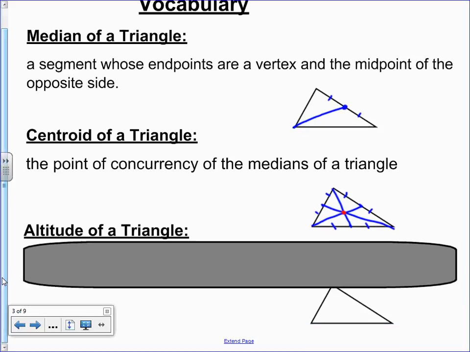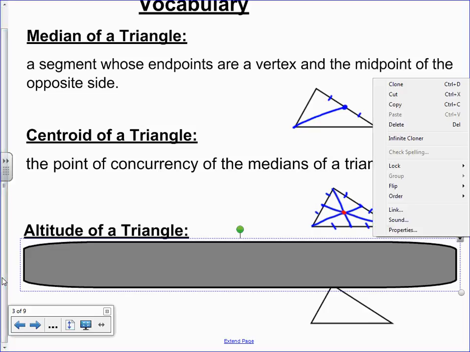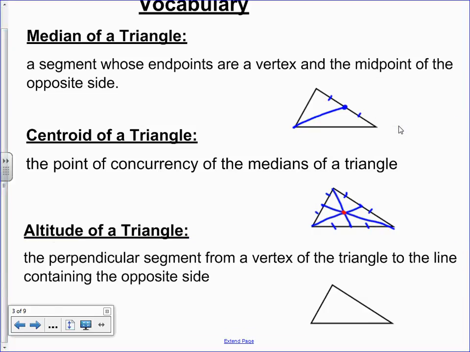All right, next one, an altitude of a triangle. An altitude of a triangle is the perpendicular segment from a vertex of the triangle to the line containing the opposite side.